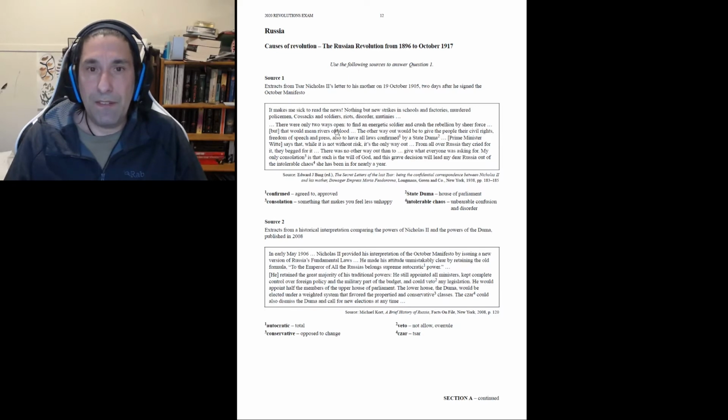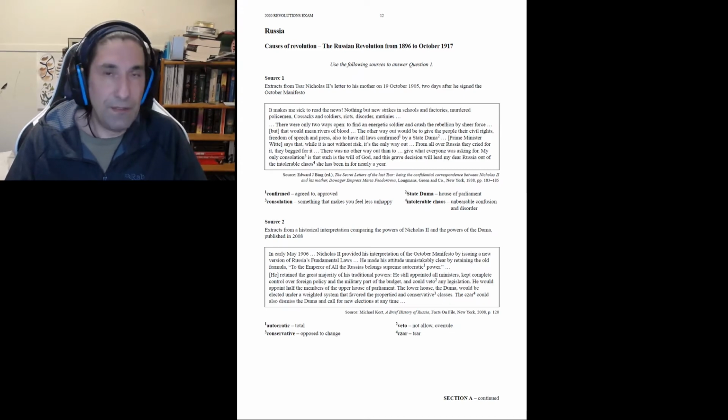The October Manifesto, the key point about that, if you remember from your studies, was that apart from the Tsar promising various civil liberties to the Russian people in order to appease them and quell this revolution that was occurring in 1905, the big promise in the October Manifesto was the creation of a legislative Duma, a parliament, or Duma is another word for parliament, with law-making powers.